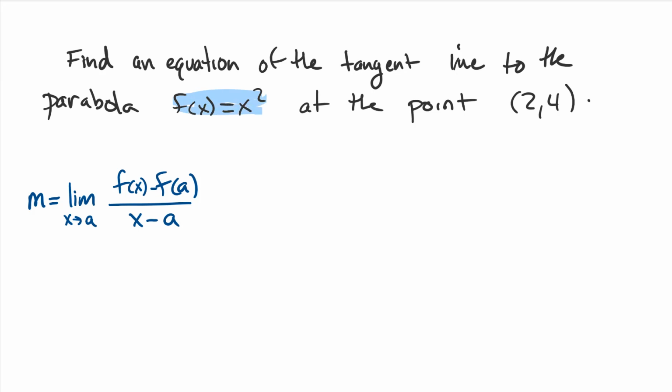Be like, hey, I found f of x. We can just put x squared right in there. I found x. It's sitting right here. That one's fine. But you've got to figure out, what's a? Maybe the x value in that point? This a, this a, this a, they're all the same thing. I think that number's 2.